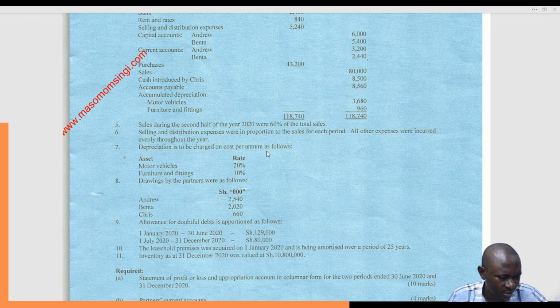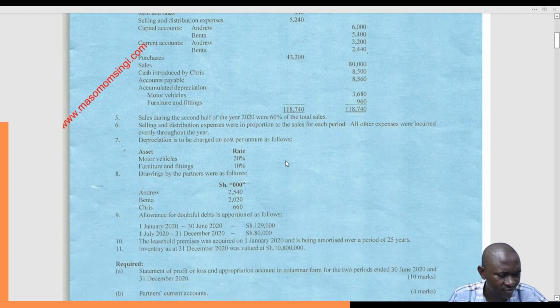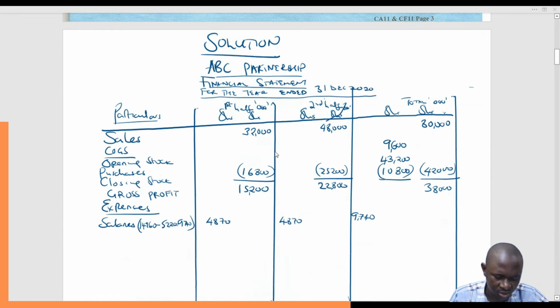All other expenses are throughout the year. So rent and rates 840, and we are going to distribute it evenly. That leaves 420 here, and also this side 420. Then here we'll have 840. Just list it like that.